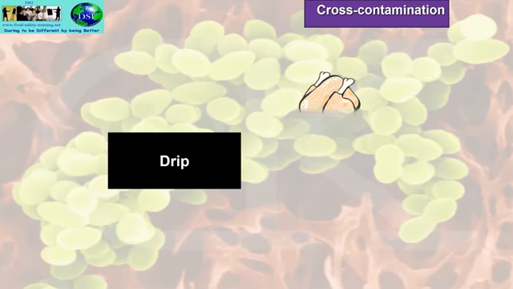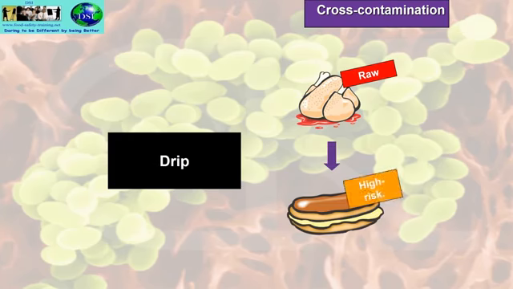Drip is another source of cross-contamination, where raw meat juices could drip onto high-risk food if, for example, you hold those foods in a refrigerator where the raw meat is above the high-risk food. So obviously in a refrigerator, high-risk food must be above raw food.